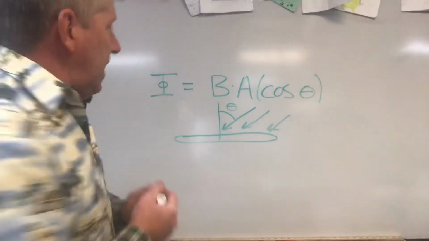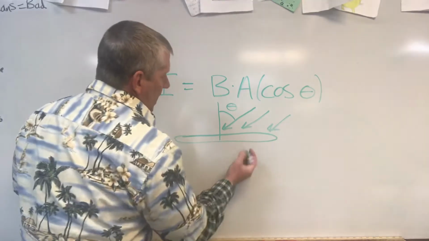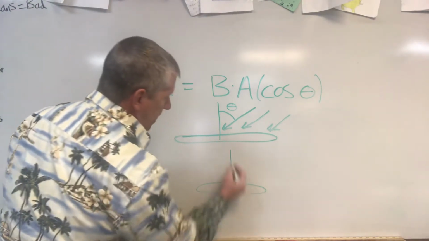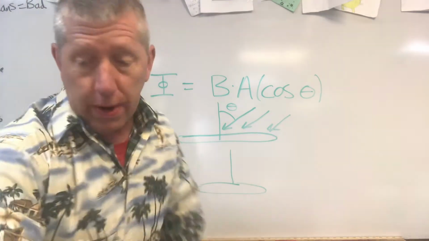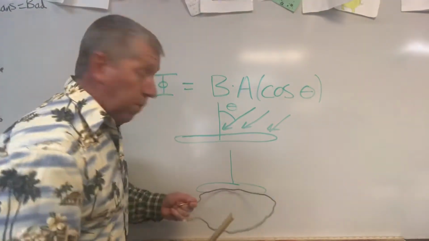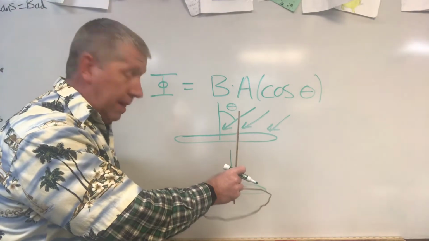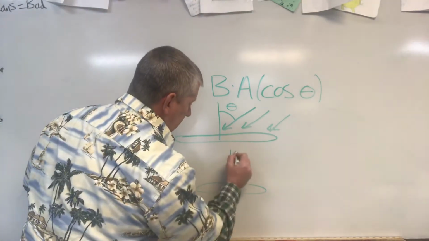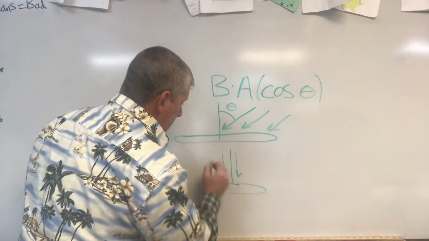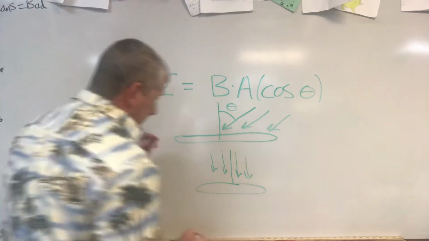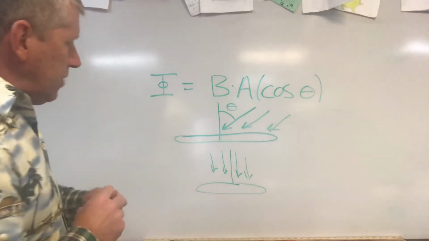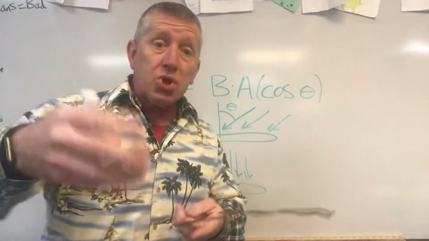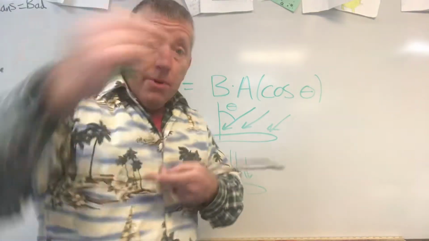So for the cosine of 90, here's my loop of wire, and here's the ruler I was holding up, like that. If we have the field lines straight down from the ceiling, as I was saying earlier, that angle would be 0 degrees, and that's where you get maximum flux. That makes sense because that's where you get the most field lines going through the loop of wire.